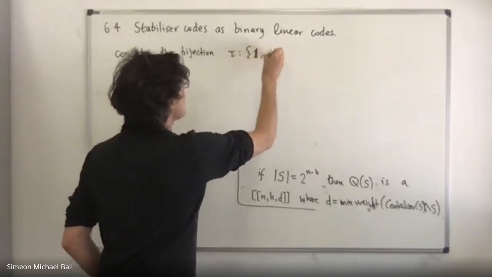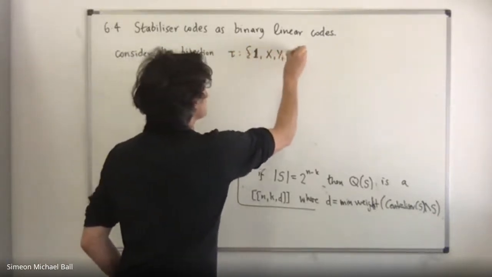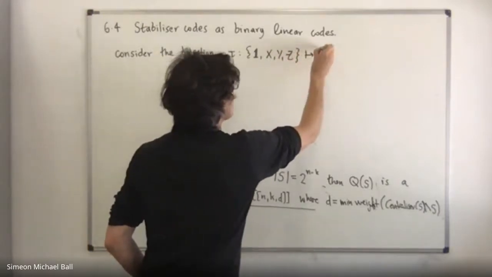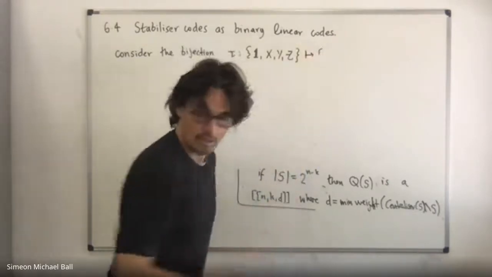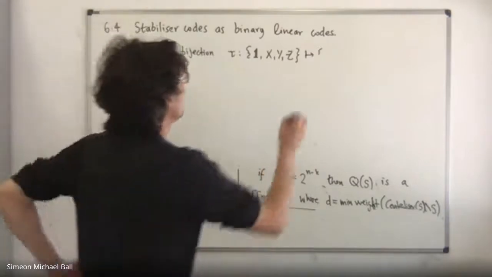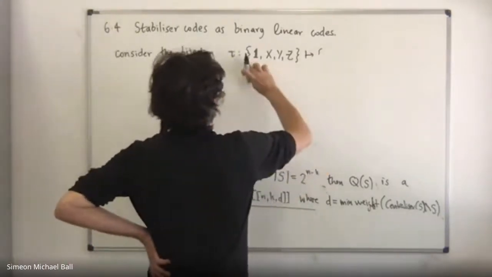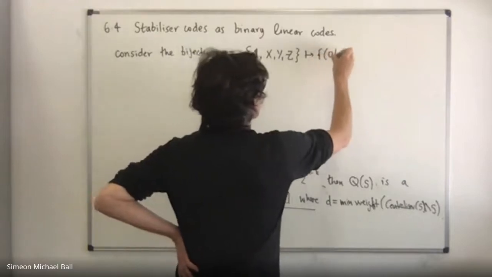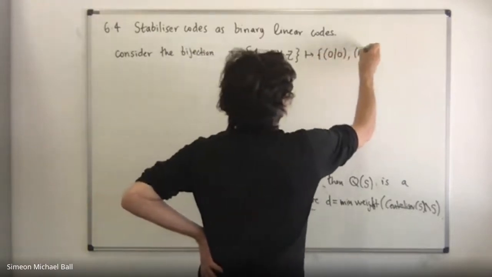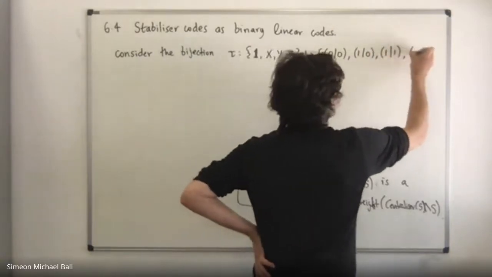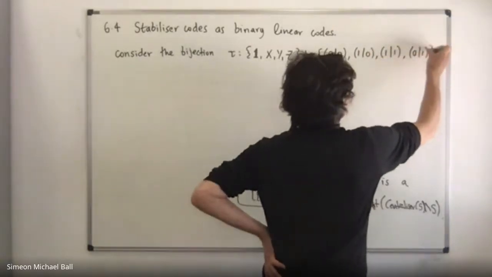It's going to map the Pauli matrices to the following vectors. So the identity is going to go to 0, 0. x is going to go to 1, 0. y is going to go to 1, 1. And z is going to go to 0, 1.